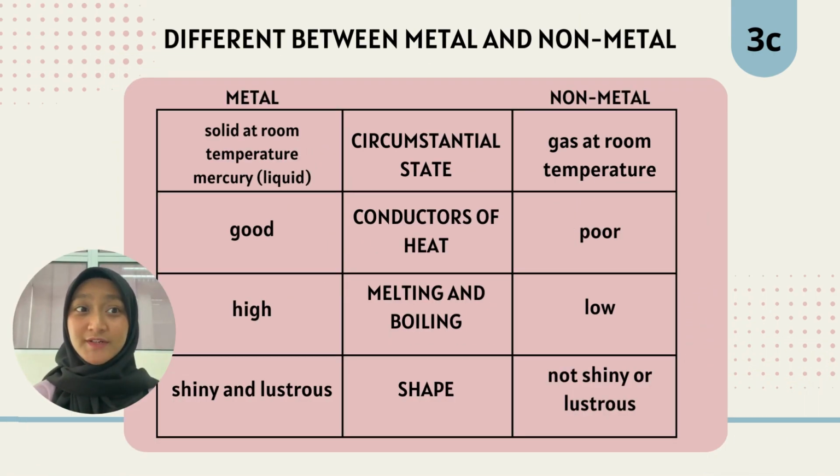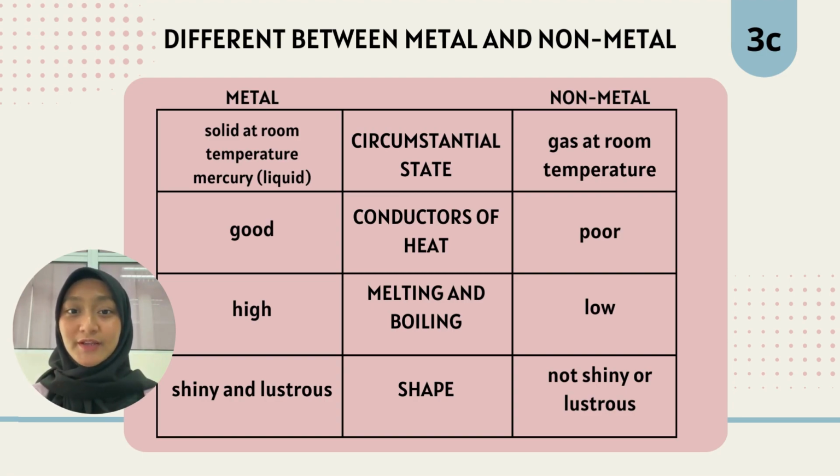Moving on to the difference between metals and non-metals. Metal is solid at room temperature, except for mercury, which is liquid, while non-metal is gas at room temperature. Metal is a good conductor of heat, and non-metal is a poor conductor of heat.